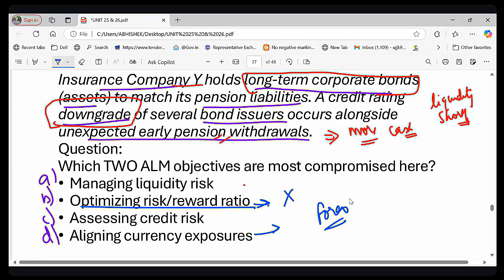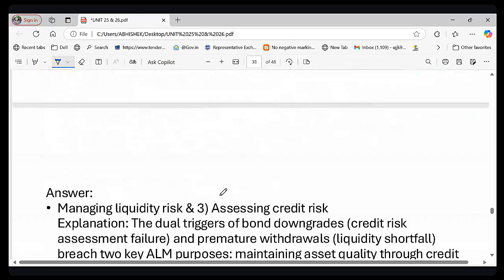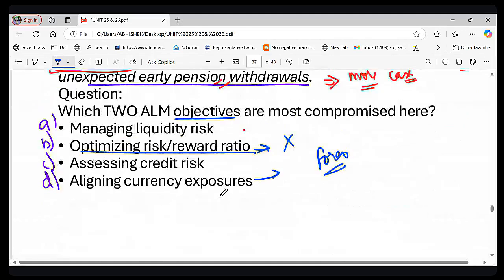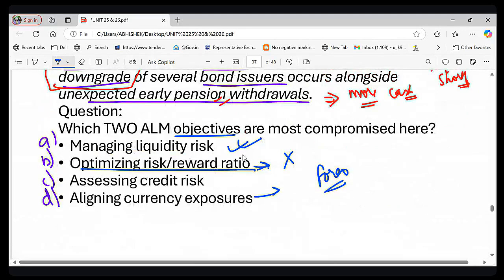So what we learned from this question is that ALM has two core objectives. The first is liquidity risk management, and the second is credit risk management. A question can be asked: which of the following is not an objective of ALM? You must remember liquidity risk management and credit risk management are the two main objectives of ALM.